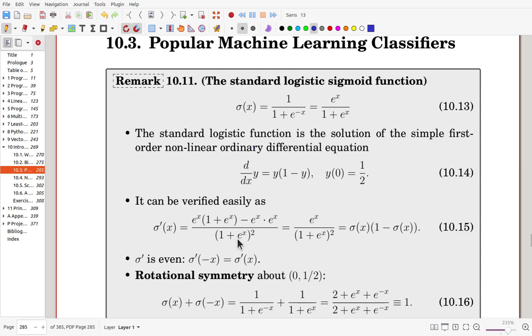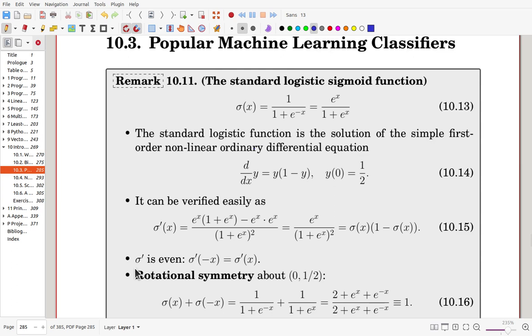And with algebra, we can simplify it to become sigma times 1 minus sigma. So it satisfies this differential equation. And when x equals 0, you can easily see the value is half. So the logistic sigmoid function is the solution of this differential equation.